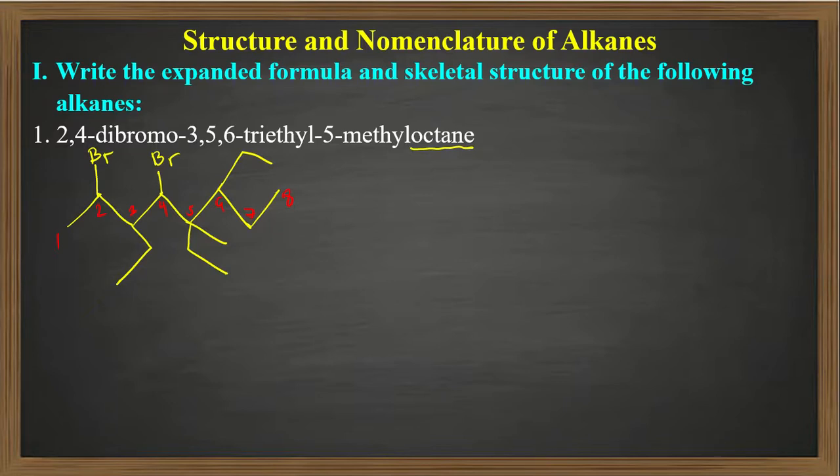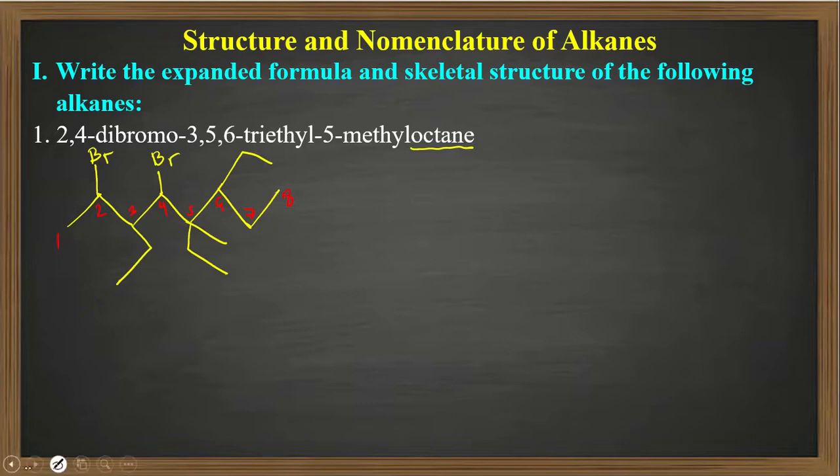Okay? 2,4-dibromo. And then, we have 3,5,6. Tatlong ethyl. Isa sa carbon number 3, isa sa carbon number 5, at saka isa sa carbon number 6. And then, we have a methyl in carbon number 5, which is this one. And then, the parent name is octane, meaning the longest chain contains 8 carbon atoms.